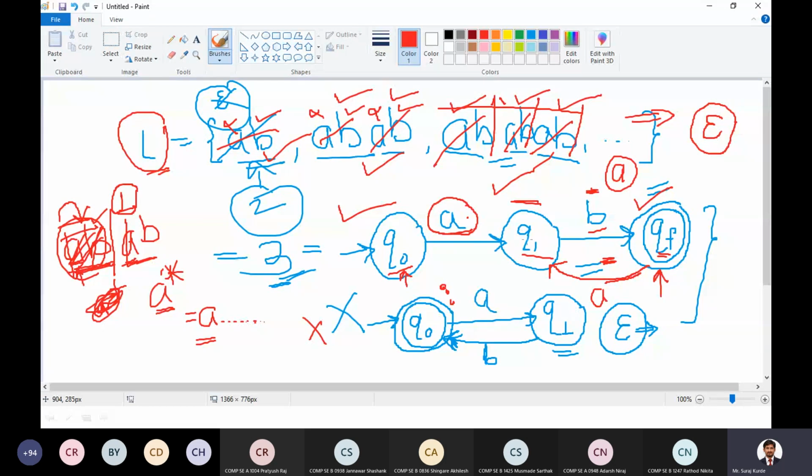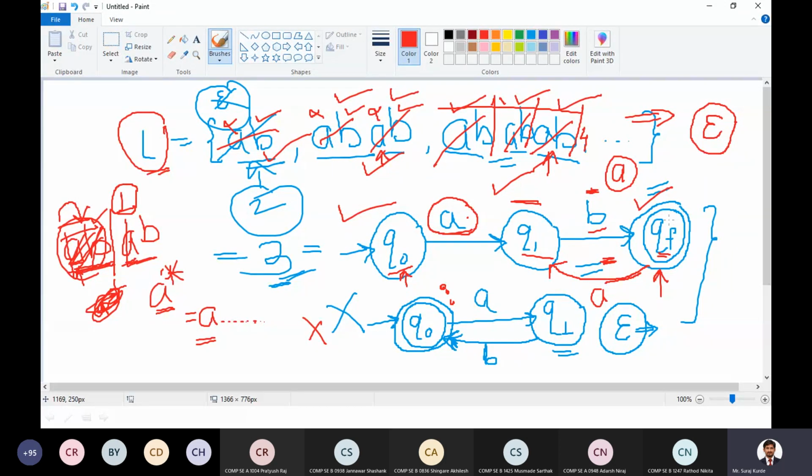For first A, non-final state. For third input, that is the second A. For fifth input, that is the third A. For seventh input, that is the fourth A, and so on. It will be in a non-final state. And whenever it reads B after A, it is in the final state.